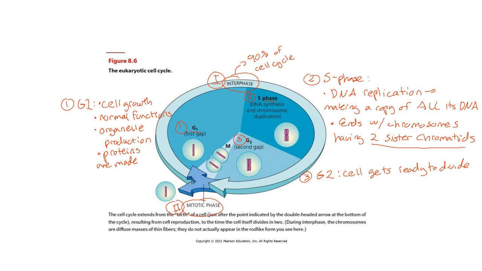I'm gonna change the color really quick. I'm gonna erase this and redo it with a different color. There you go. So the mitotic phase, like we already know, is made of two different phases, right? We have mitosis, which is a division of the nucleus.